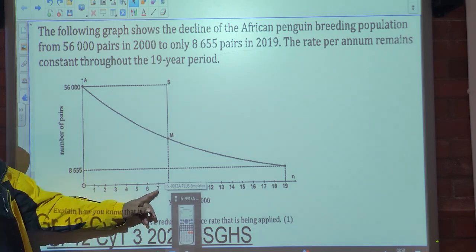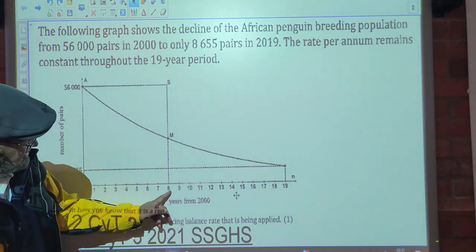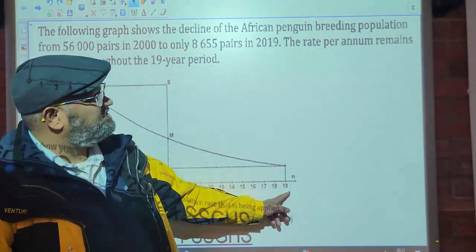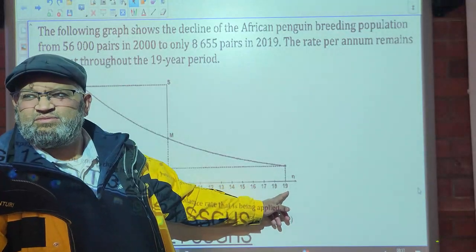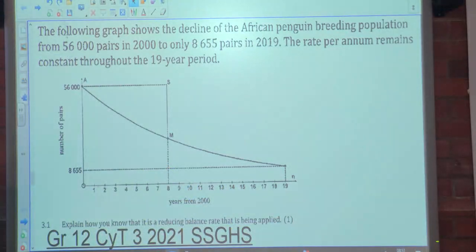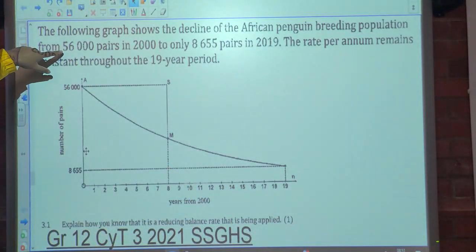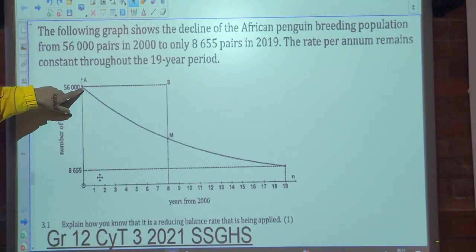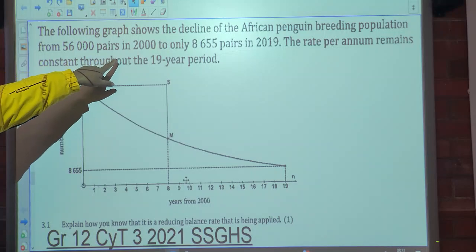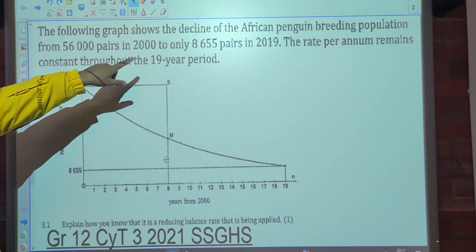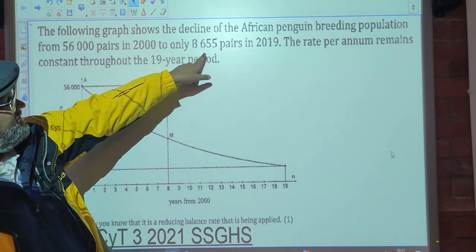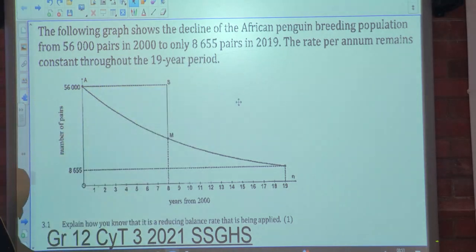So this is 2008 and this is 2019 basically. Can you see that, people? Alright. So from 2000, which is 56,000 here, and then only 8,655 in 2019, which is this value here.